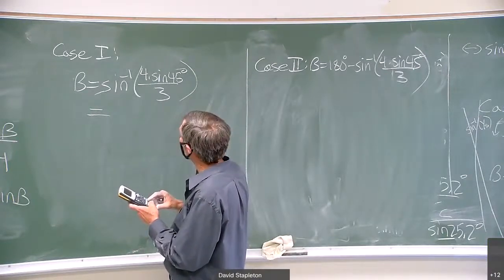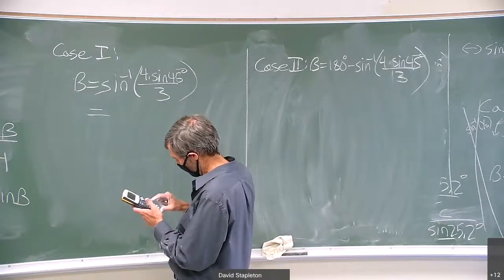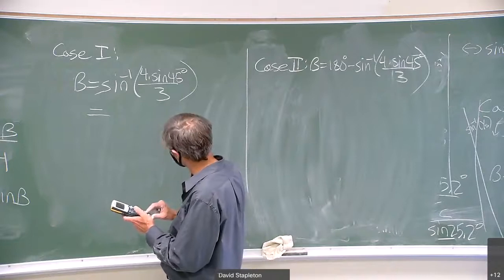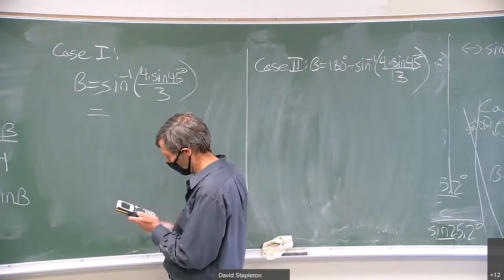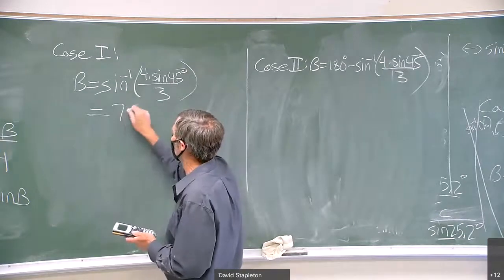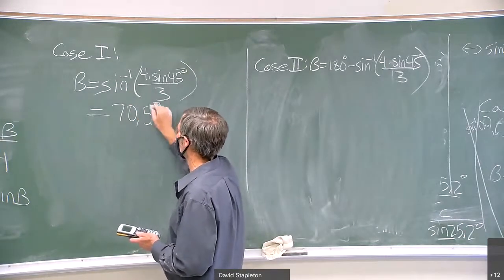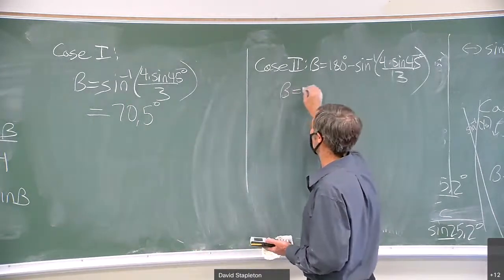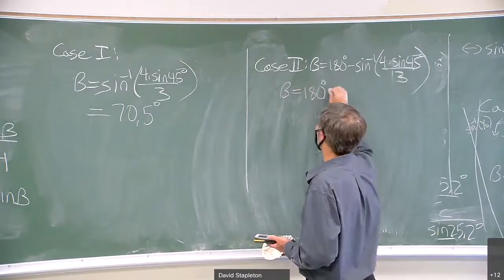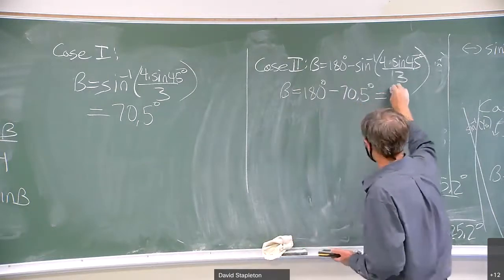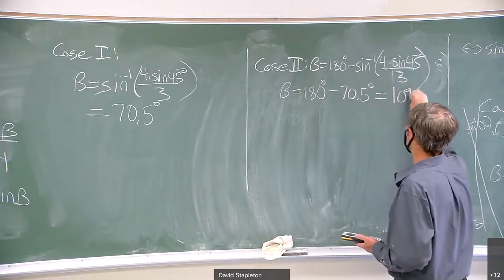Arc sine of 4 times sine 45 divided by 3. When you get 70.52, we'll round it to 70.5 degrees. We can compute this one, theta must be 180 minus that. So it's 109.5.